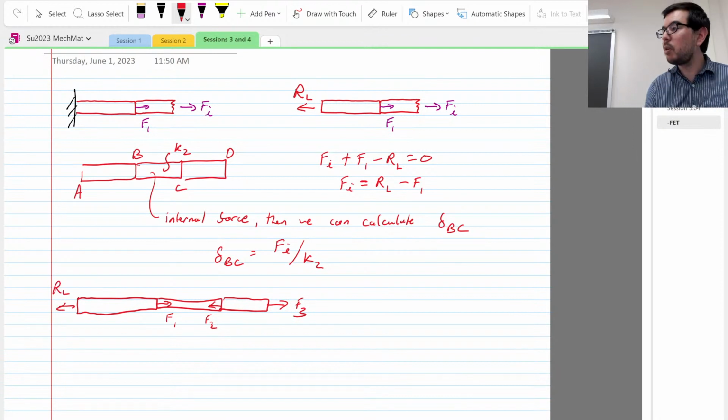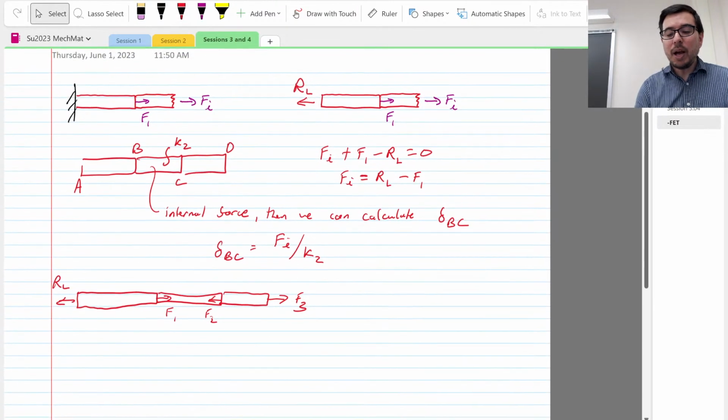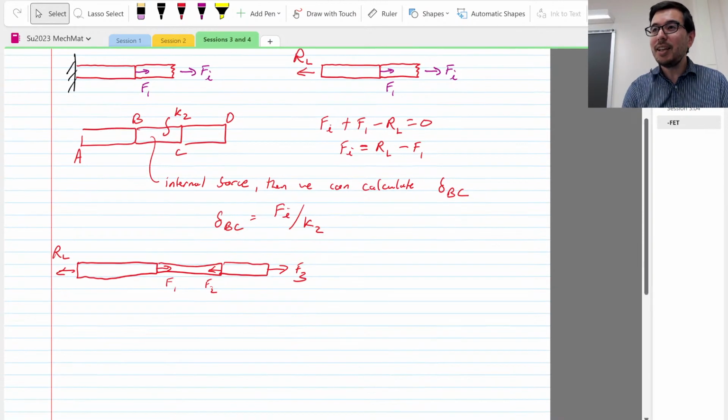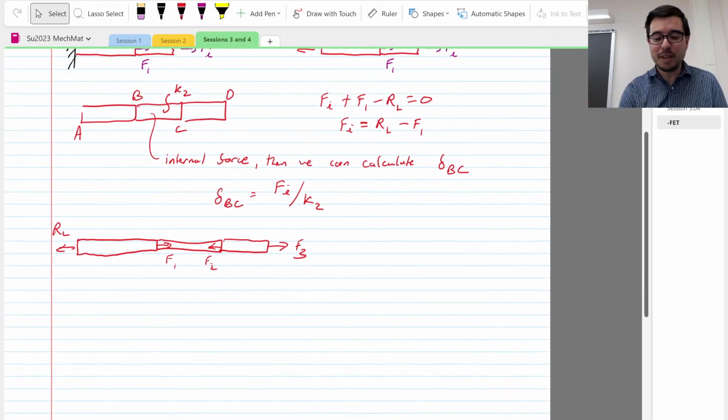I don't remember if RL is really to the right or the left, to be honest. Maybe I did this a more complicated way than I had to. I think, Carlos, you said, let's just use F2 and F3, maybe. Did you say this at the beginning? Maybe you didn't.